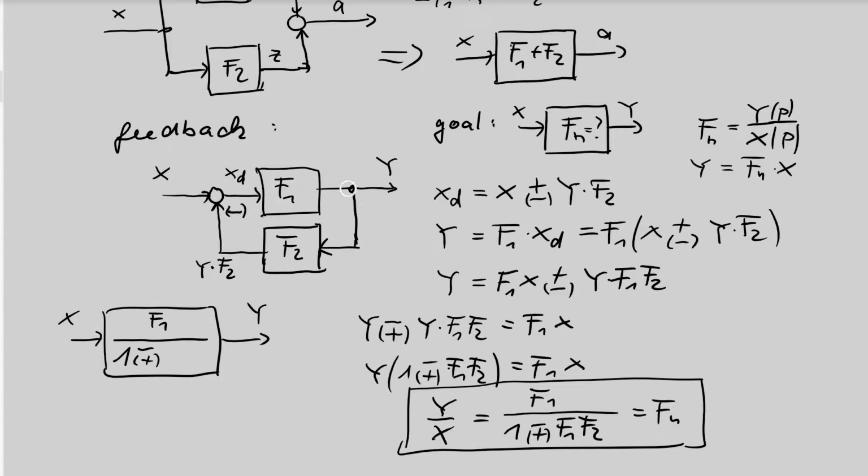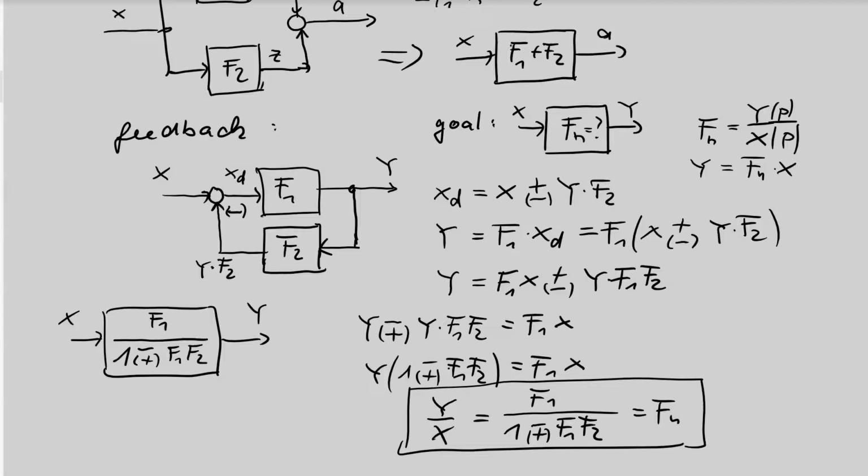If you go one time through the loop, here you have the list of all blocks you can find. So the forward block, we say the forward block divided by 1, opposite sign as the feedback signal, multiplied with all blocks in the loop. That is the feedback rule of the block diagram reduction method.